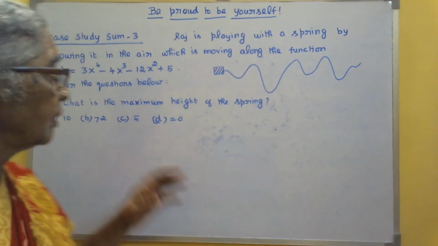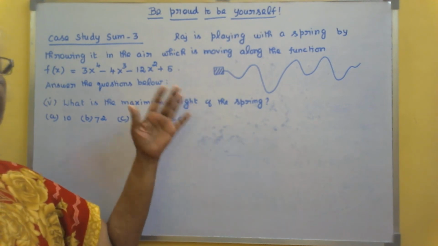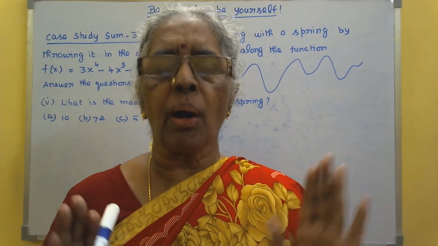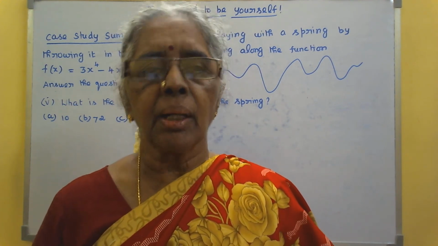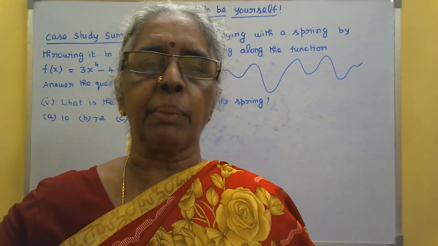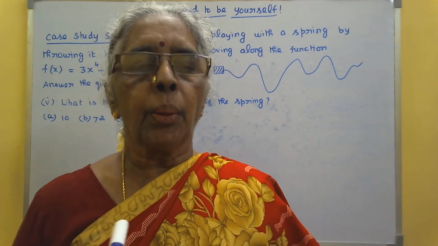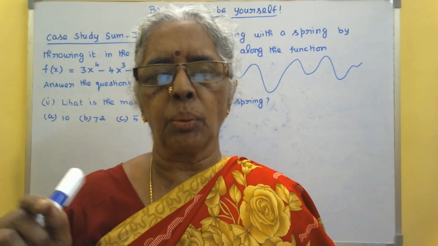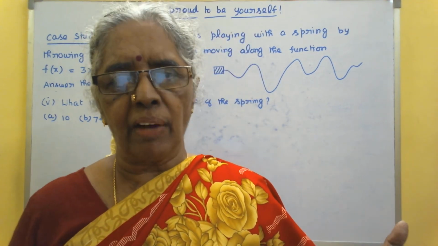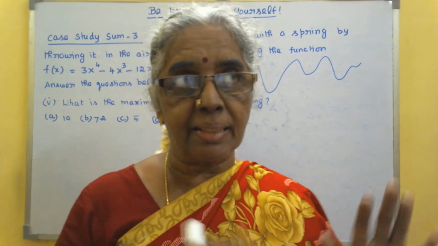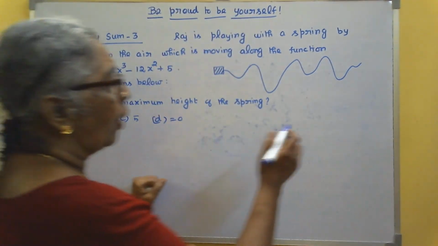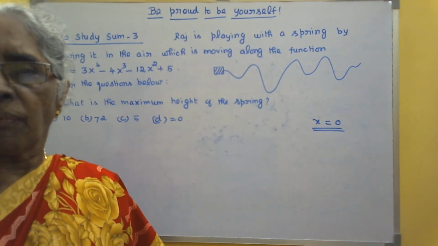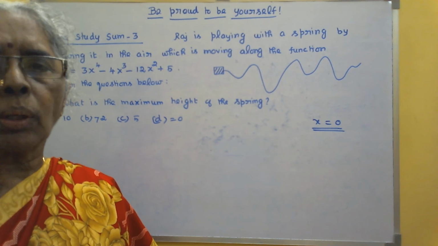Last subdivision. What is the maximum height of the spring? If you want to find the maximum value or a minimum value, always remember, once you know the maximum point or minimum point, that is the x value, go to your original function f of x and substitute that x value so that you will be getting the maximum value or the minimum value, whatever is asked. Here, already you have found in the 4th subdivision, at x is equal to 0, the f of x will have a local maxima.